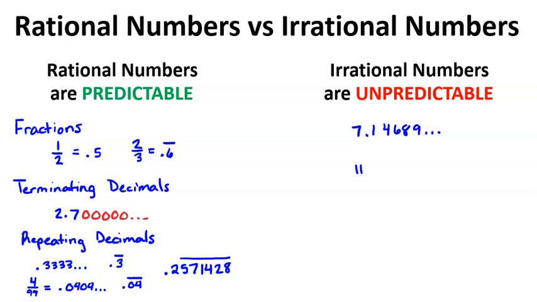Then we have numbers like pi. And pi, sometimes we use 22 over 7, or we use 3.14 as its rounded version, but we know that pi actually goes on forever.